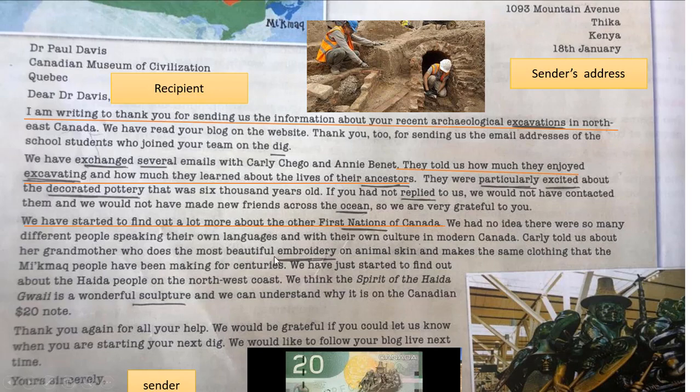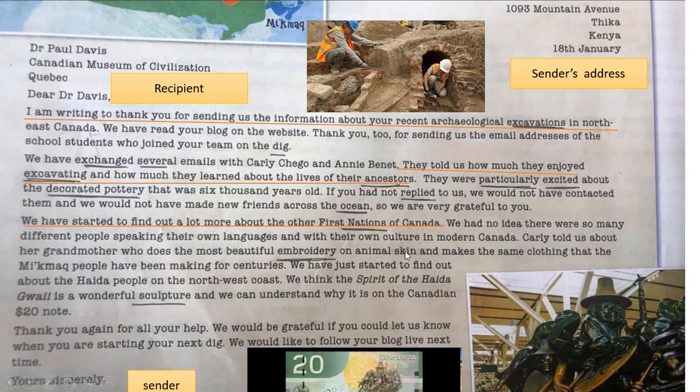Carly told us about her grandmother who does the most beautiful embroidery on animal skins and makes the same clothing that the Mi'kmaq people have been making for centuries. When I say the most beautiful embroidery on animal skin, try to guess the meaning from the context.